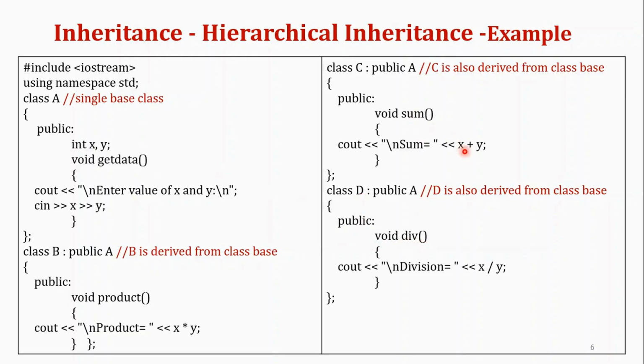Sum does the summation of x and y. x and y are members of the base class A, so because of the inheritance, x and y are available to class B, class C, and class D. Each class ends with a semicolon. So one base class is inherited by the three subclasses B, C, D.